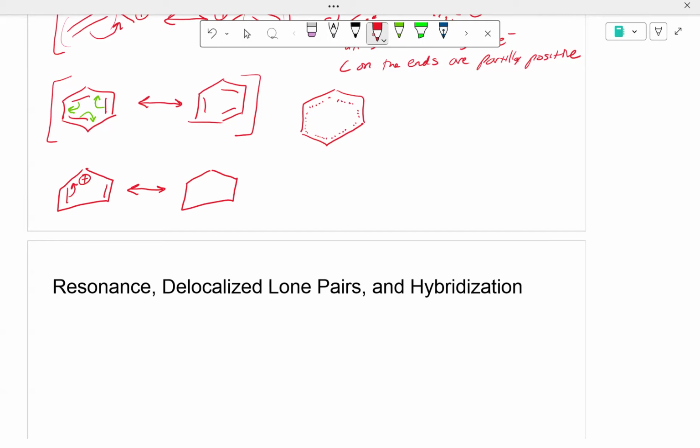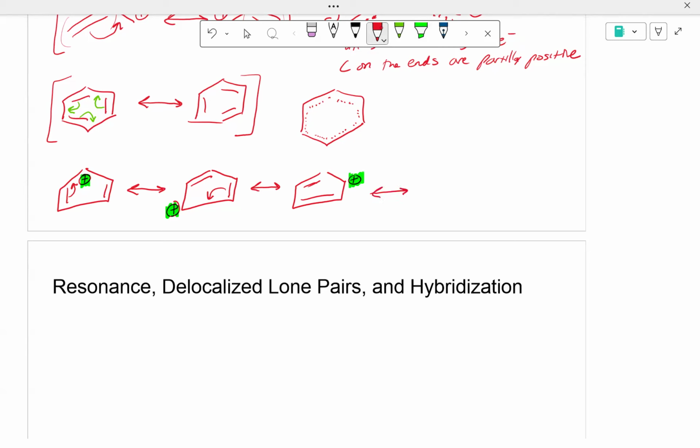Now I want you to make a mental note of where the positive charge is, and in fact, I'm going to highlight it. Now I can draw another resonance form. I'm going to move this here. There's a plus charge there, and again, make a mental note of where that plus charge is.